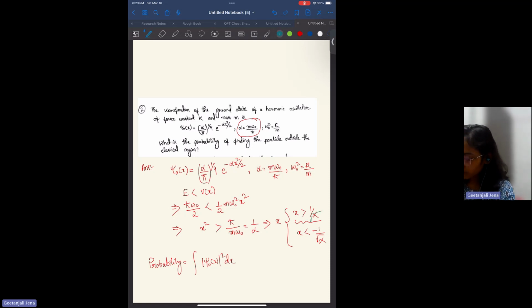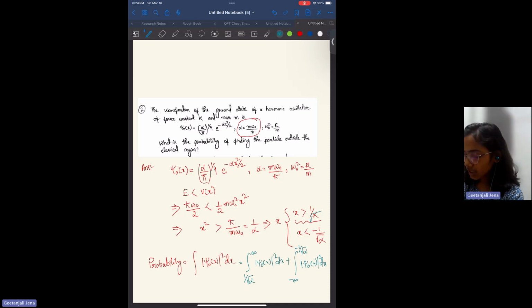There is a root here. That means this will be the integral from 1 by root over of alpha to infinity of psi 0 x square dx. The other one will be from minus infinity to minus 1 by root over of alpha of psi 0 x square dx.